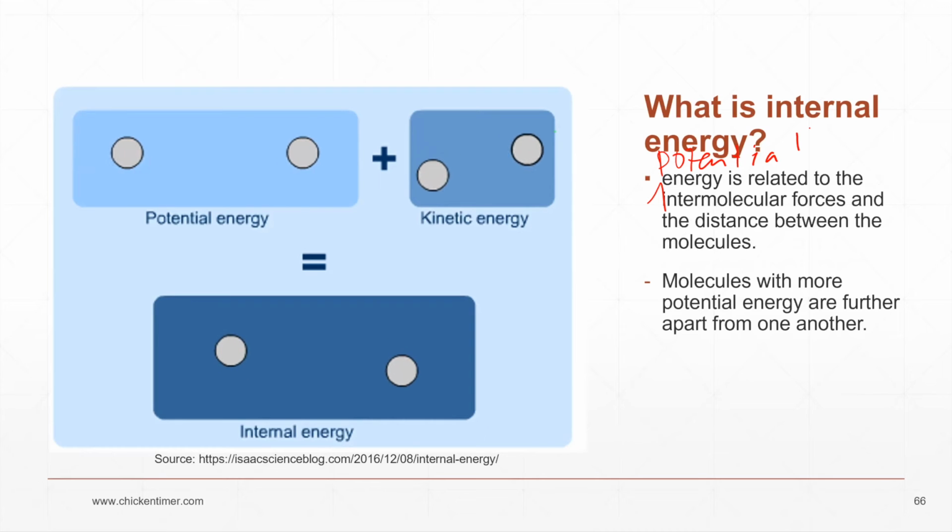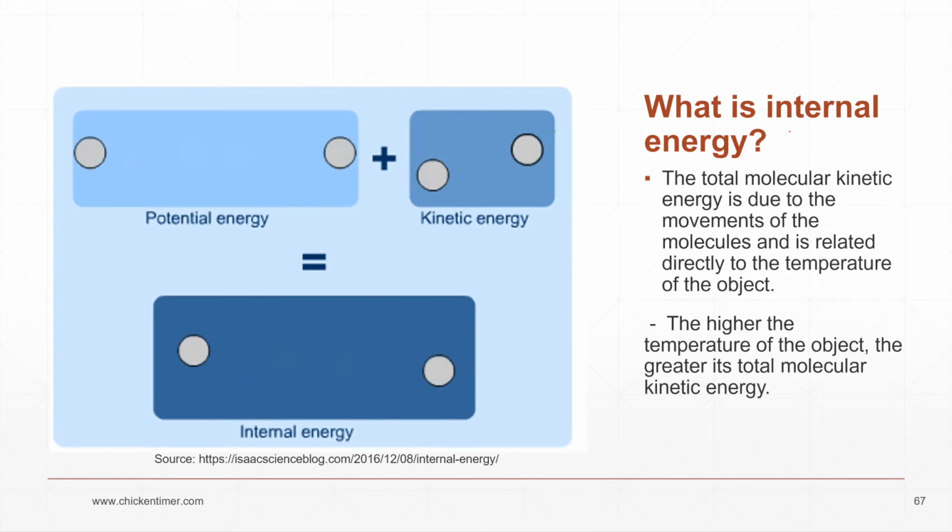So molecules with more potential energy are further away from each other. So potential energy is affected during the change in state. Then the kinetic component is dependent on the temperature of the substance. So if the temperature is high, the KE component will be higher.